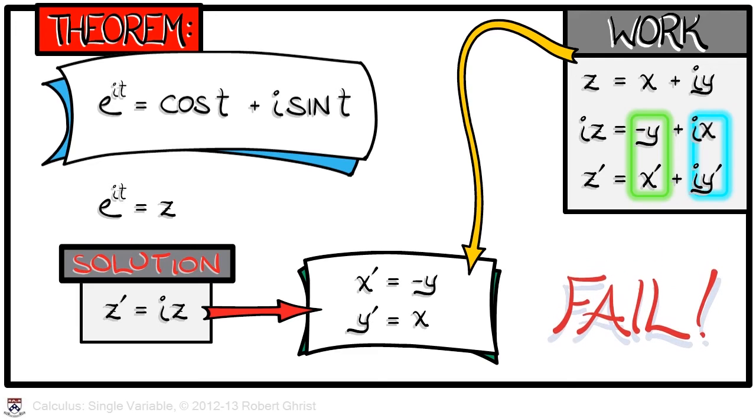We have not learned how to solve systems of coupled ordinary differential equations. Now you might look at this and say, well, if x were cosine of t and y were sine of t, then this would work, since the derivative of cosine is minus sine and the derivative of sine is cosine.